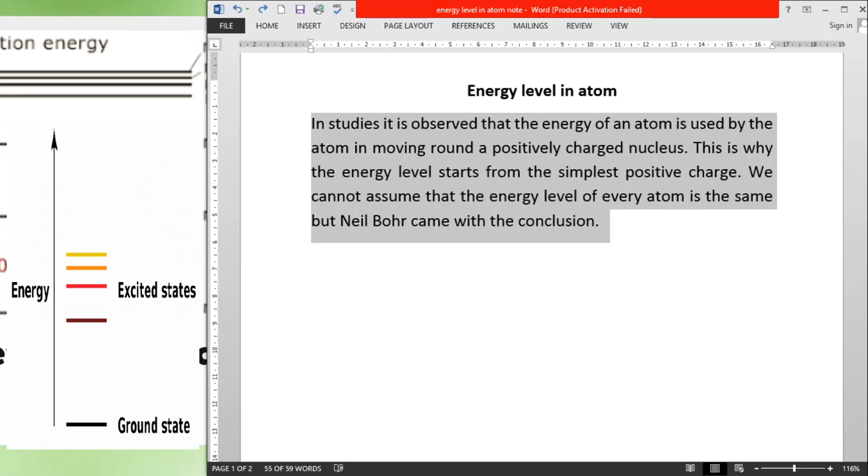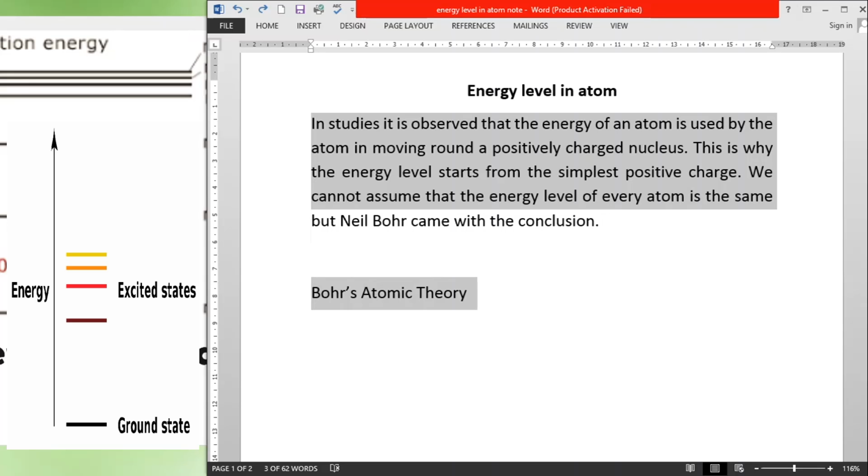This is why the energy level starts from the simplest positive charge. We cannot assume that the energy level of every atom is the same, but the book came with a conclusion, which we are going to look at below.